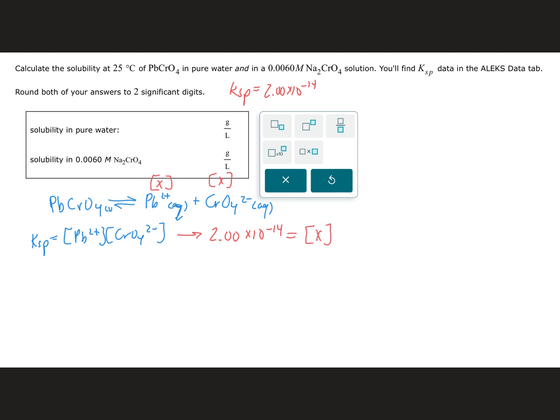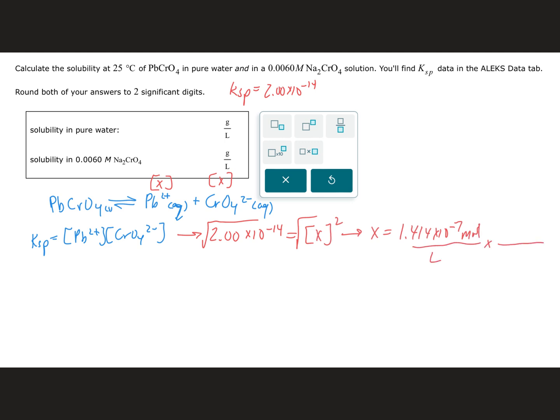So we get x times x, which is x squared. Square root of both sides, and we get x, my concentration of lead and my solubility of lead chromate, 1.414 times 10 to the minus 7 moles per liter.